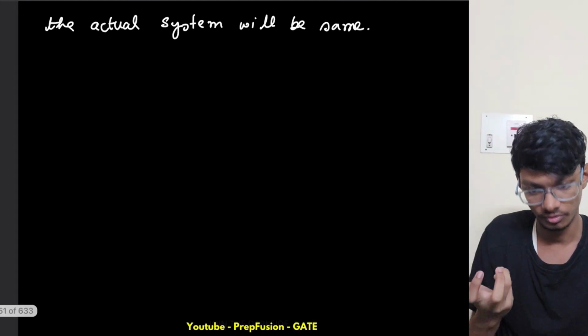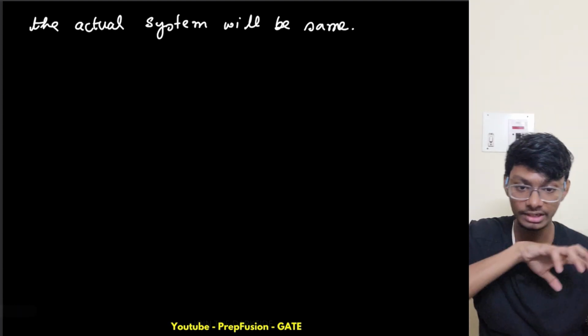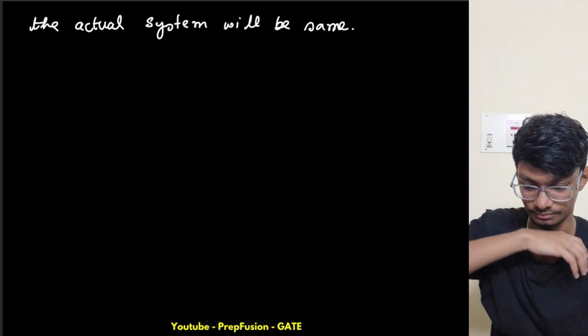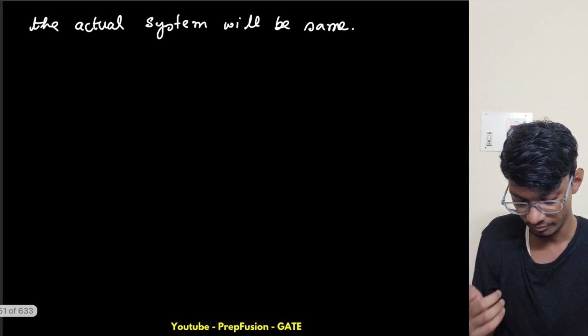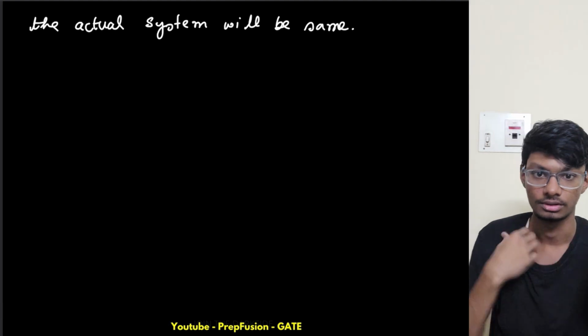So one more thing I can write: I will take one feedback from this approximated value. What type of feedback to make it faster?